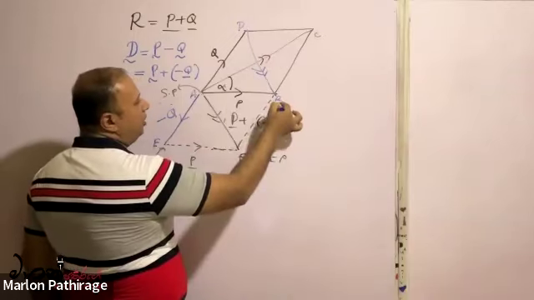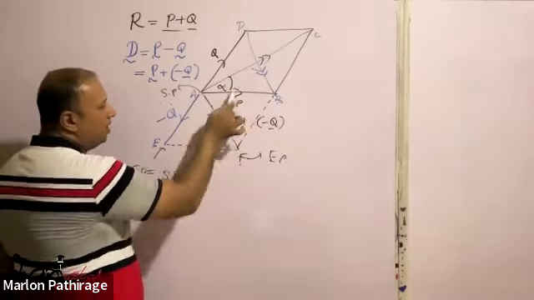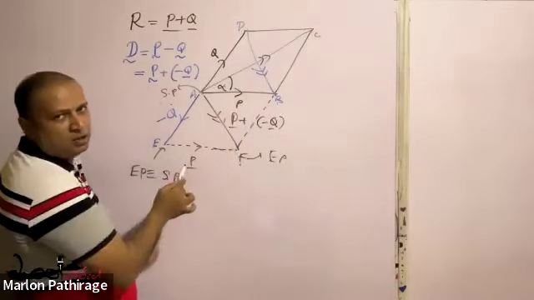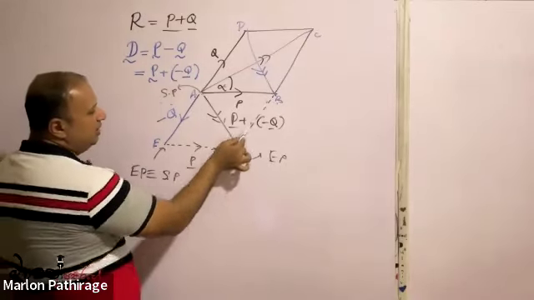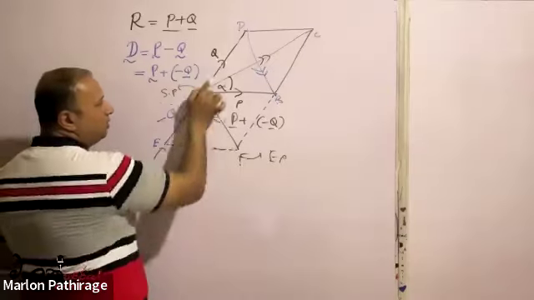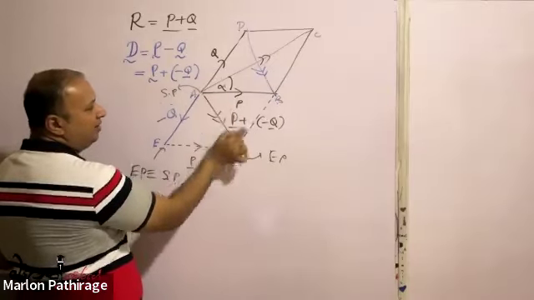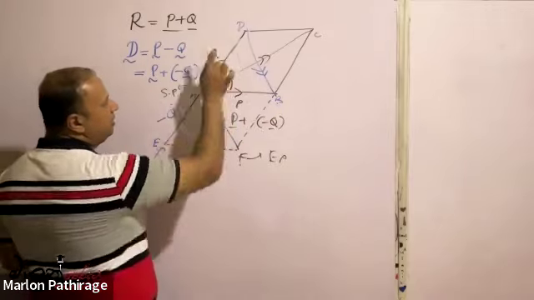If you draw the DB vector, it is very clear these two are parallel to each other as well as equal to each other, because these two lines are Q. Therefore, these two lines are parallel and equal to each other. Therefore, AFBD is a parallelogram.